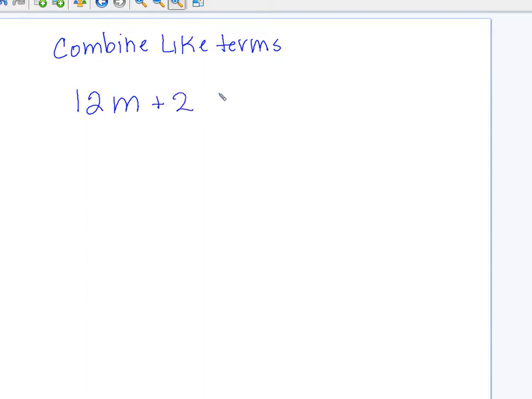Okay, on the quiz, we will have some things like combining like terms. So you would have something like 12m plus 2 plus 5m squared minus 4m.